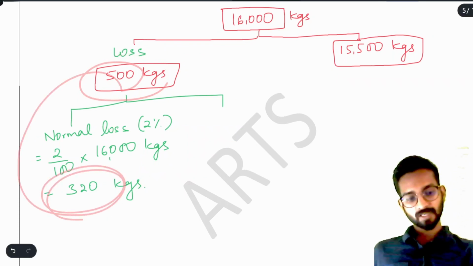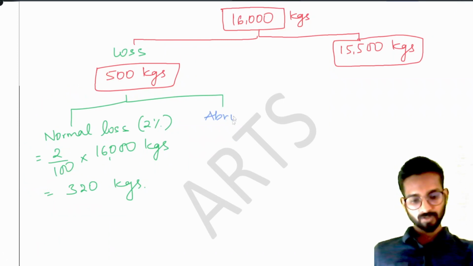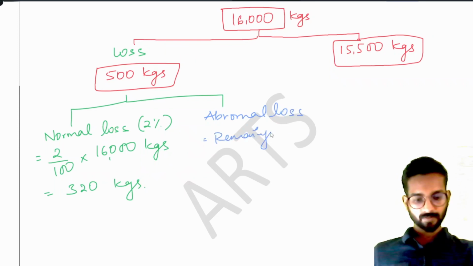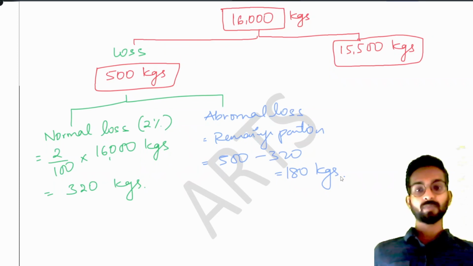So how much is the abnormal loss? Abnormal loss will be the remaining portion. 500 minus 320, that is 180 kgs is my abnormal loss.